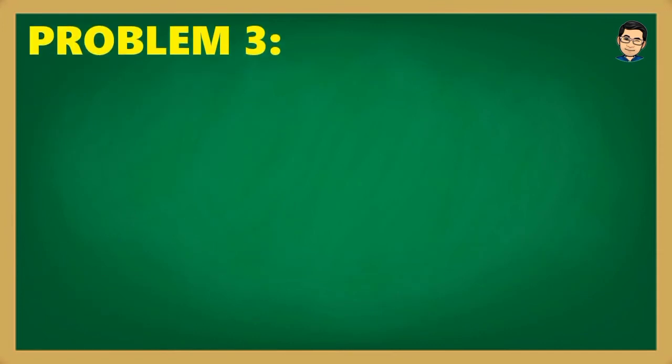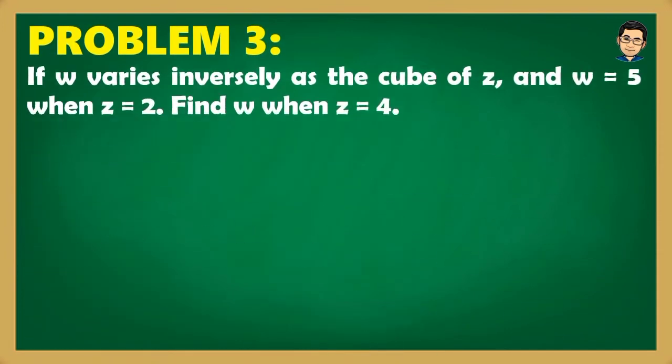Next problem. If W varies inversely as the cube of Z and W is equal to 5 when Z is equal to 2, find W when Z is equal to 4. So, meron tayo ditong keyword, which is cube of Z. So, cube root of Z, cube of Z are different.